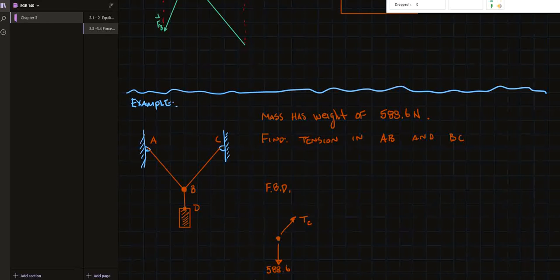It's a force, 588.6 newtons. And then I come back and I have tension in this cable. Remember, these lines can only hold tension. They can't hold compression. So I'm thinking this has tension in this direction.